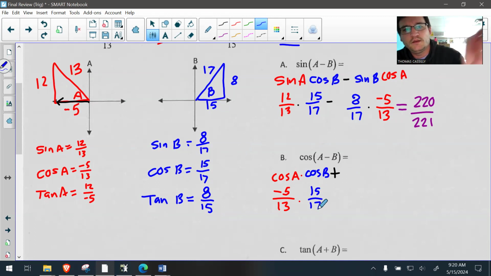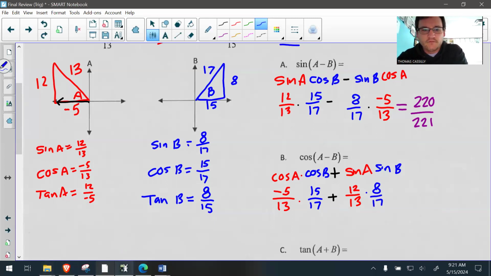Then we need the sine of A and then the sine of B. All right, so this will be plus sine of A is 12/13. And then the sine of B is 8/17.